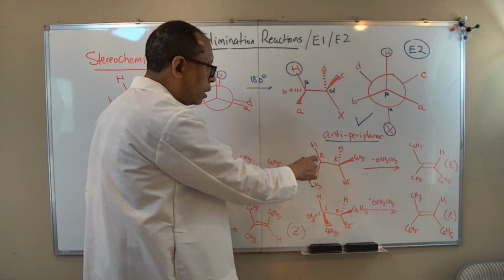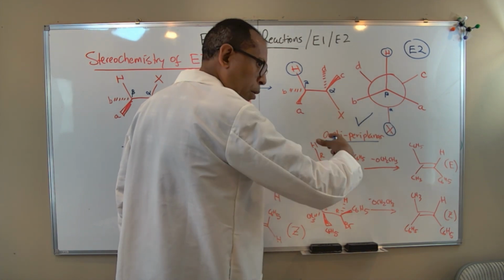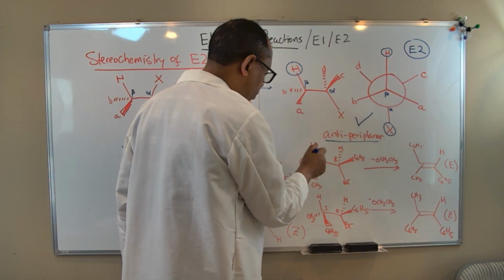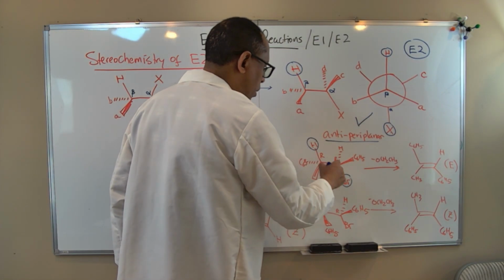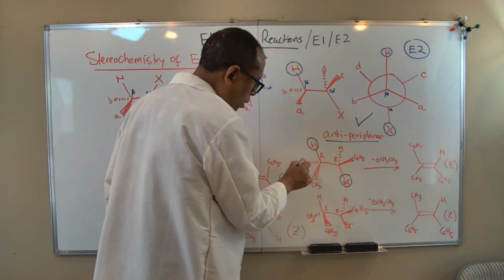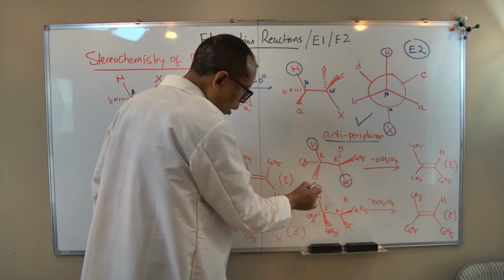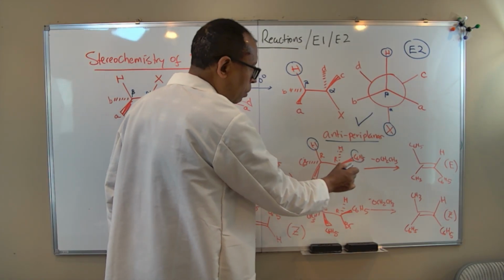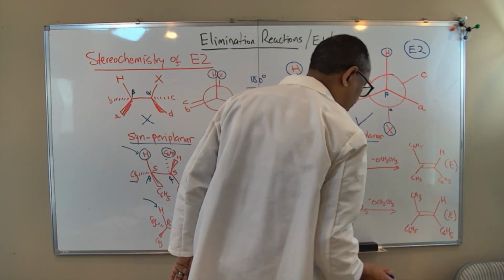Here, if you start from an RR, always arrange them by rotating it into this configuration, this and this are antiperiplanar. So now the elimination reaction would produce C6H5 and hydrogen in the same phase, and the methyl group and the C6H5 would be in the same phase, producing this product.